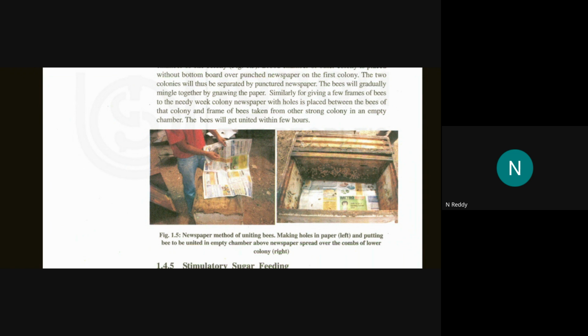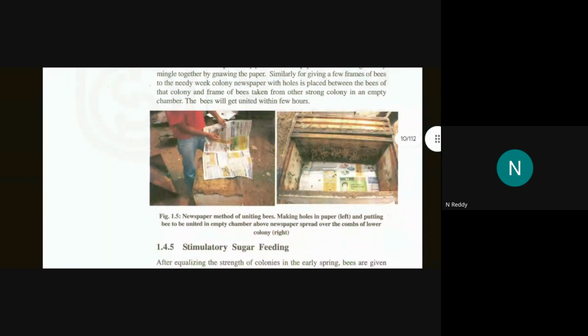The holes made in the newspaper help in the exchange of odor between these two brood chambers, and by the time these two get into contact, the odor will be completely exchanged. Slowly, the bees will concentrate on feeding on the sugar syrup or honey present on the newspaper, and they will tear it later by biting while feeding.